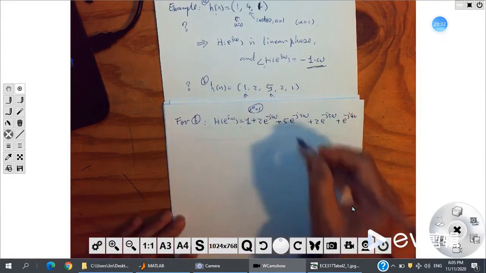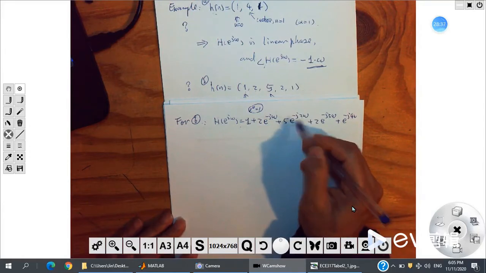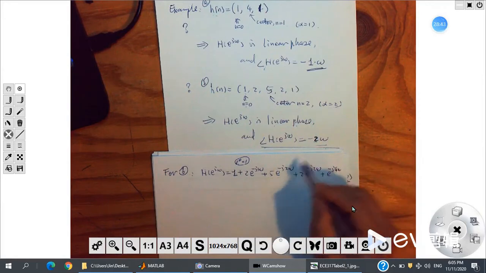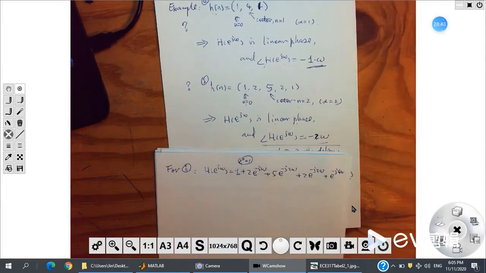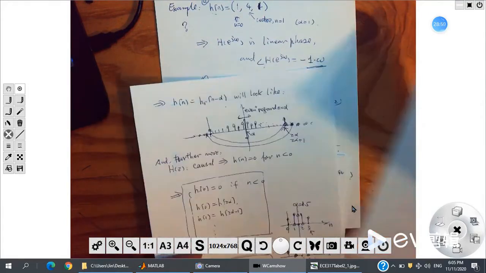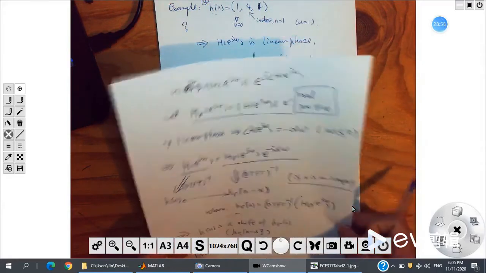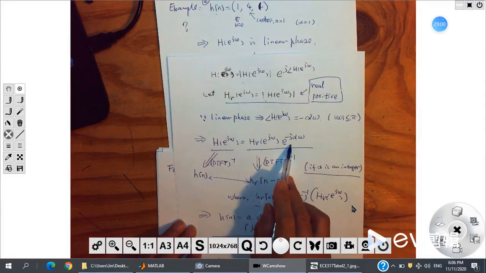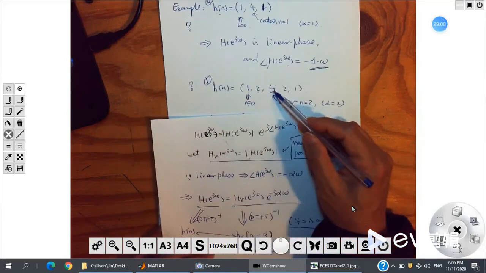Okay, how to do it? We can guess the center will be here, the center is 2 and alpha should be 2. We need to write it in this way: something times e to the negative j alpha omega, where alpha is 2.